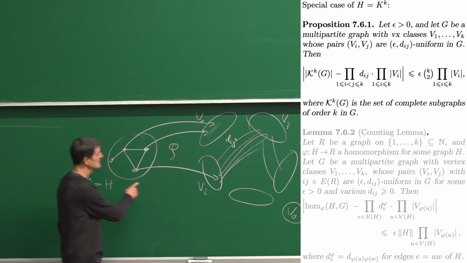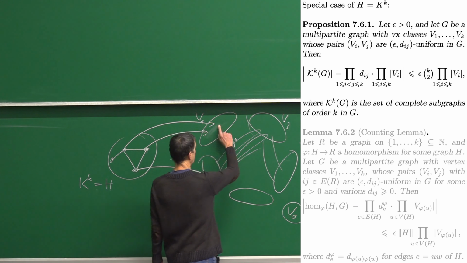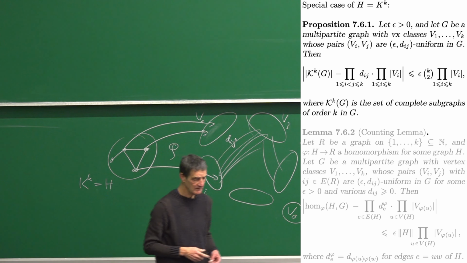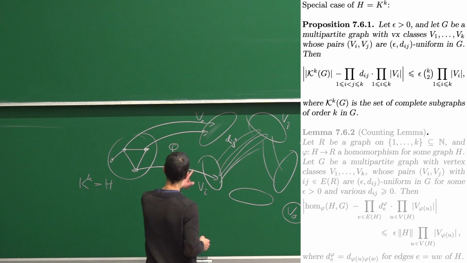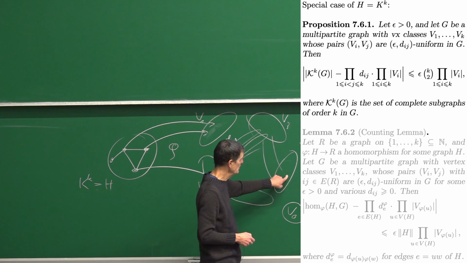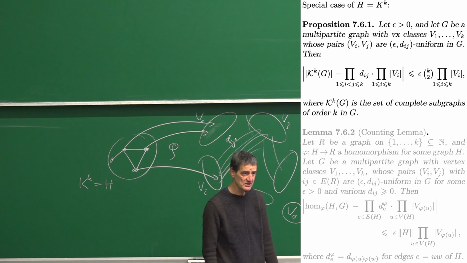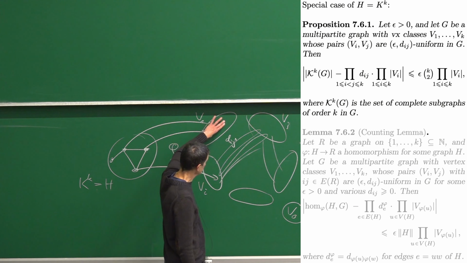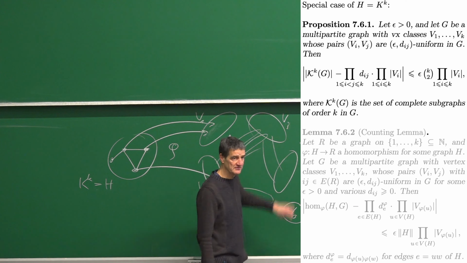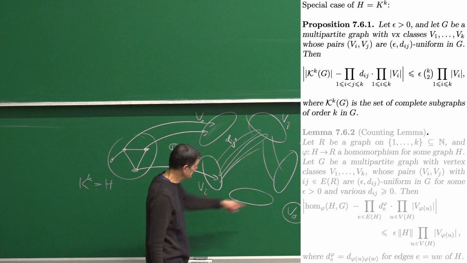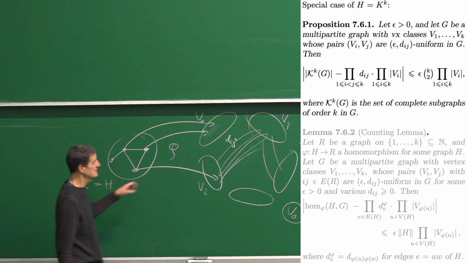Every vertex gets mapped to one class. So such a map comes from choosing a vertex in V1, choosing a vertex in V2, choosing a vertex in V3, and so on. And the number of ways of doing that is order V1 times order V2 times order V3, and so on. So I'm now counting subgraphs isomorphic to K_k in here.